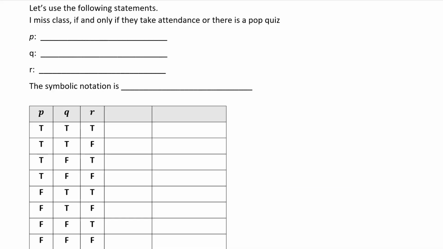Okay, so here's another example. I miss class, comma, if and only if they take attendance or there's a pop quiz.